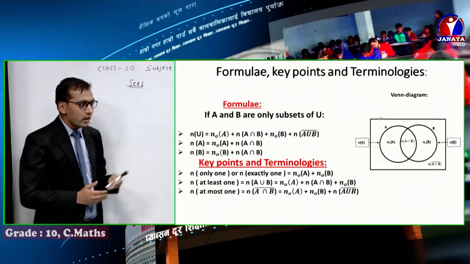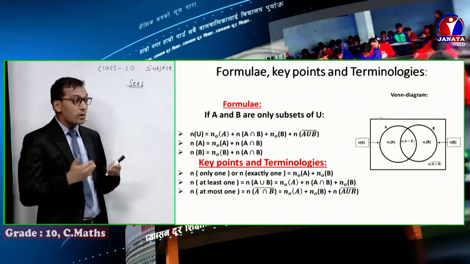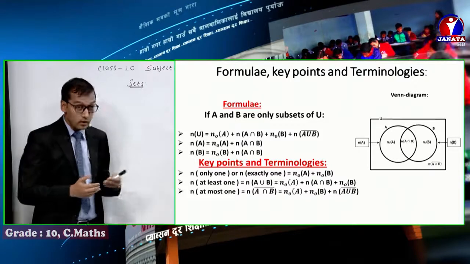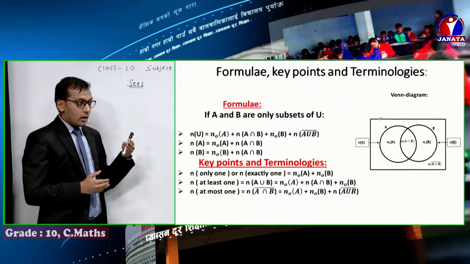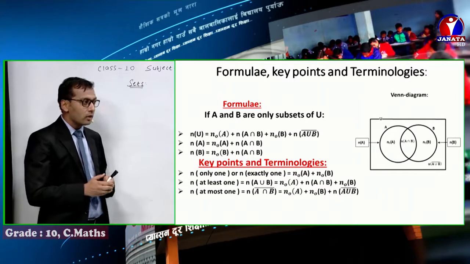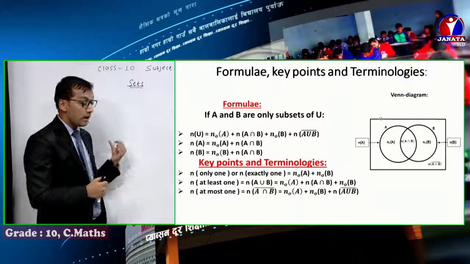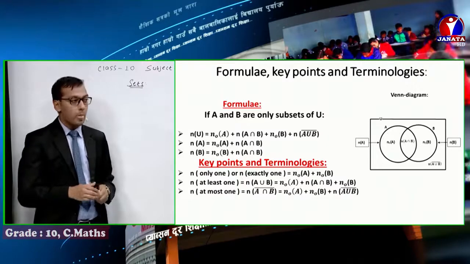You can see in the slide the key points and terminologies. I already discussed the formulas and set notations in the diagram, and also the different formulas based on the diagram.